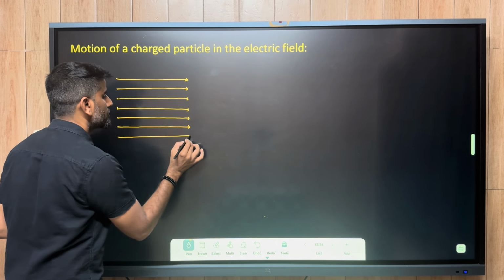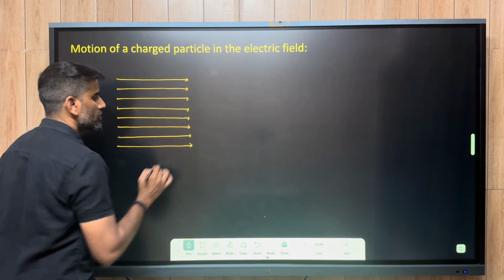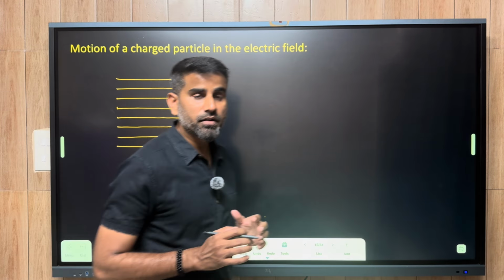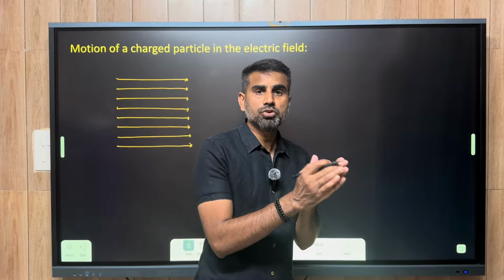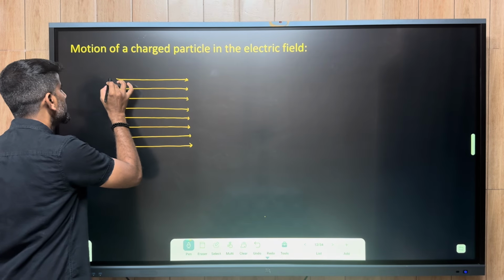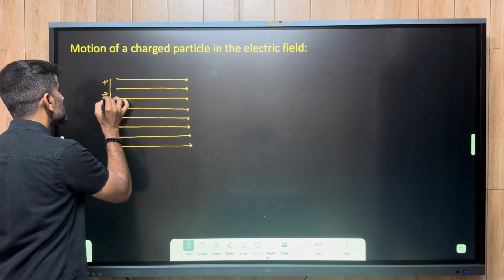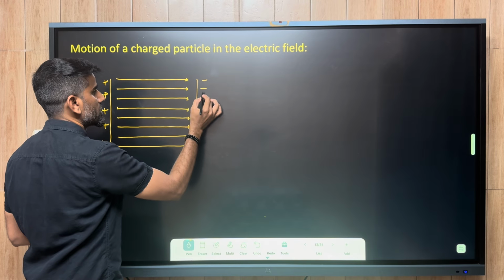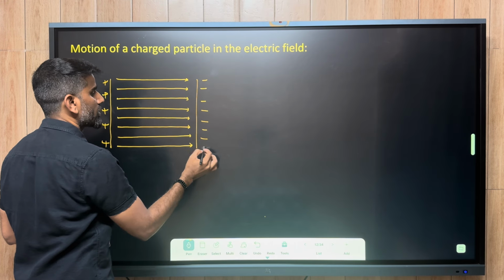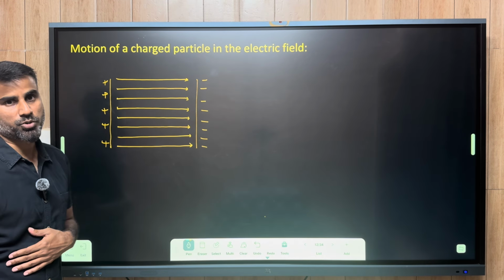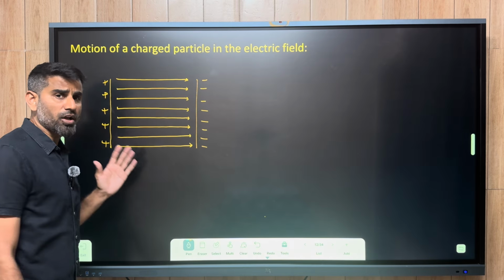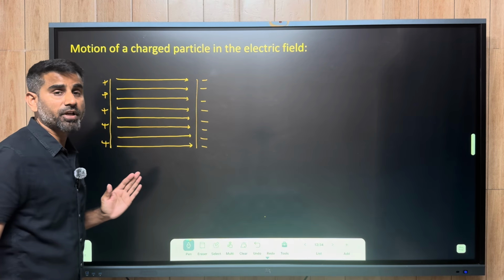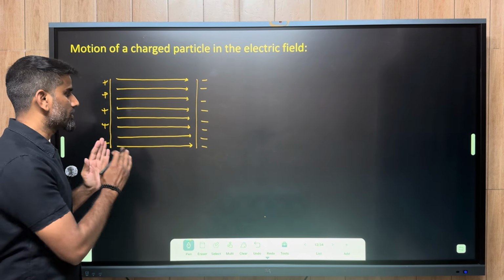As we have already learned, the electric field always flows from positive charge to negative charge. That means here we might have positive charge and here we might have negative charge. Field lines are flowing from positive to negative. I hope how this uniform electric field has been obtained is clear to you.